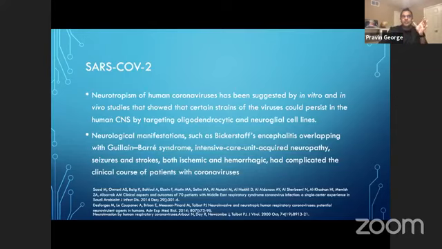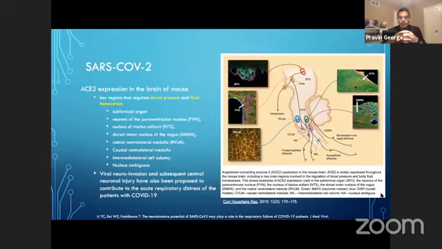Looking even a little closer at the receptors themselves, when you look at the ACE2 expression, you can see this in other species. Looking at this in the brain of a mouse, you see very key regions over here, like the subfornical organ, the paraventricular nucleus, all the way going down into the tractus solitarii, as well as the dorsal motor nucleus of the vagus.